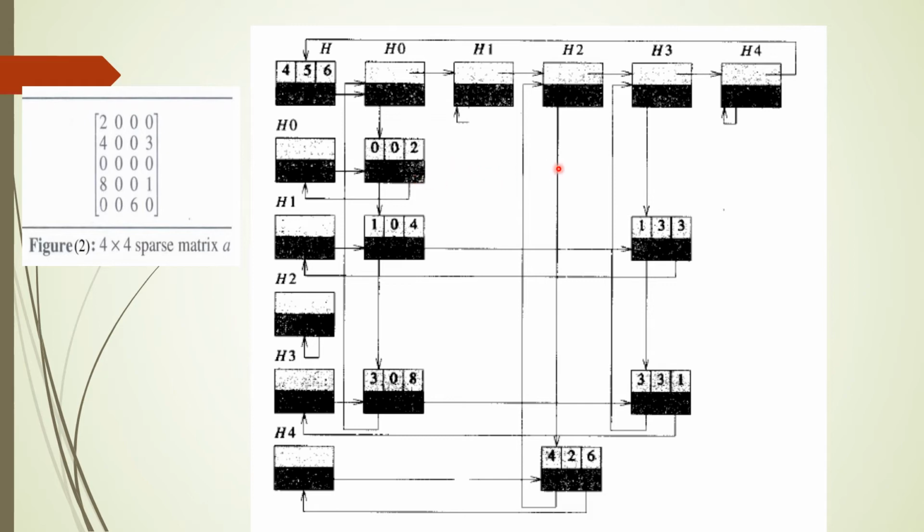There is no next non-zero element in this row, so it is pointing to its header node. Because it's a circular representation, it's pointing to its header node.